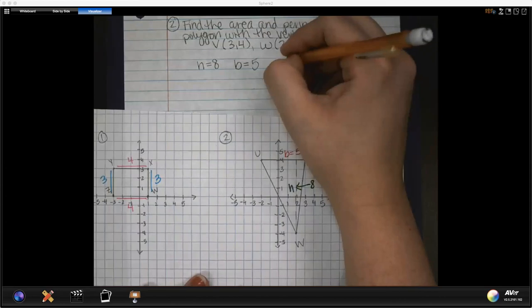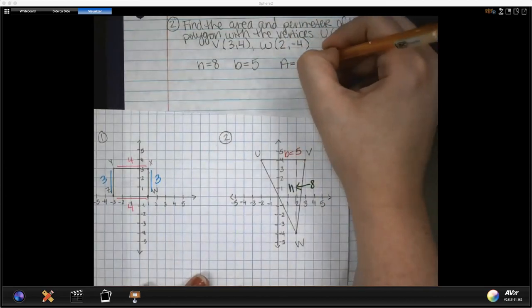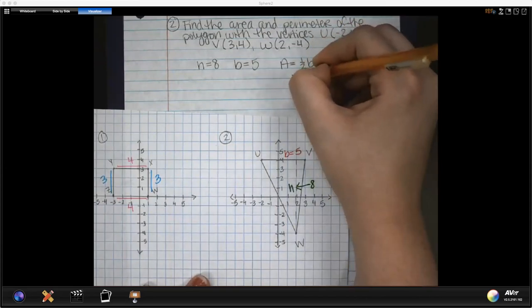Therefore, my area, remember that triangle formula is half the base times the height. So we have half times 5 times 8.